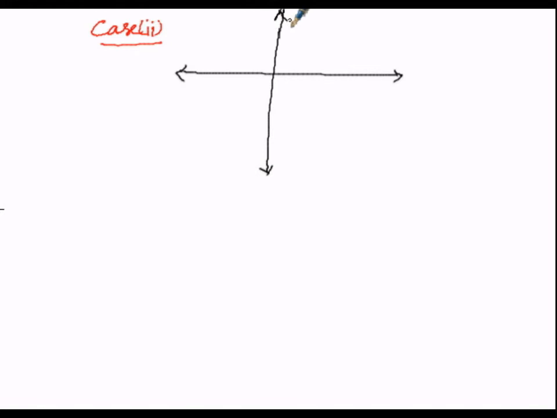Here x dash is the x-axis, whereas y and y dash is the y-axis. The point of intersection of these two axes is O, whose coordinates are 0, 0, where the x coordinate is 0 and the y coordinate is also 0.